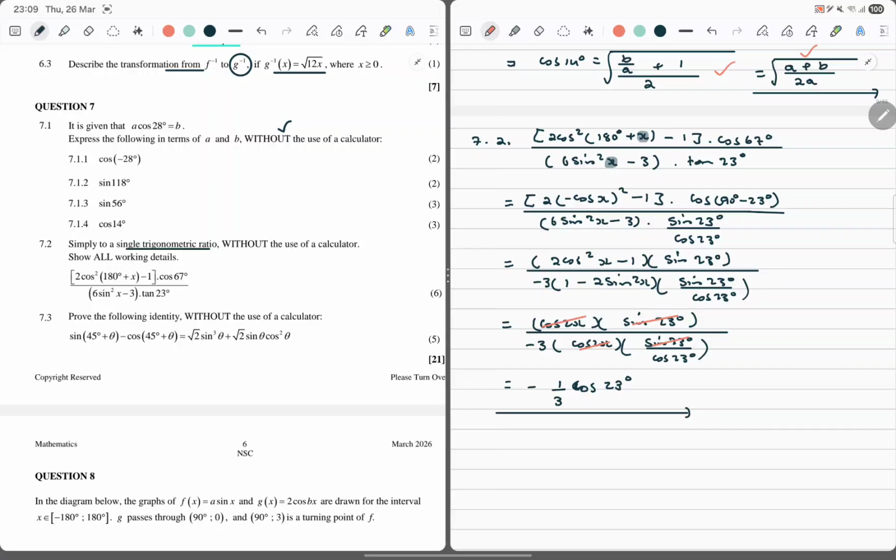Right, so I'm getting an answer of minus 0.3068, and then of course other numbers.